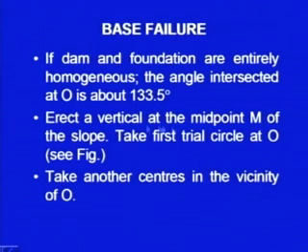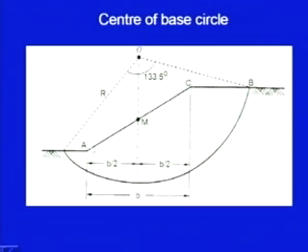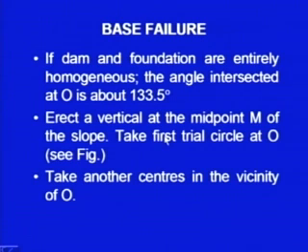So, erect a vertical at the midpoint M of the slope. Here this is the slope and this is the point M. The critical circle center will be on this line, it is known, and this angle is 133.5. This is quite useful information.